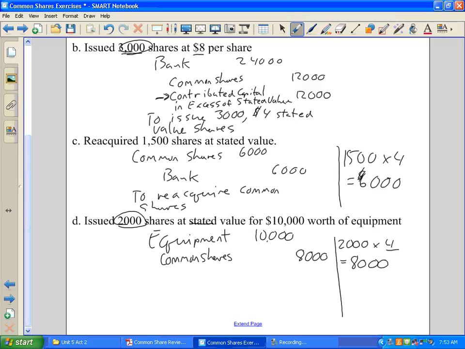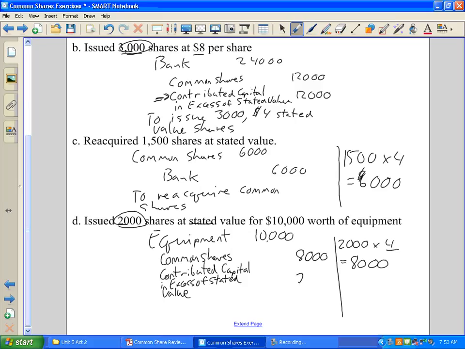Okay, now on top of that, just as we did before, we have contributed capital in excess. So we have to write this great big long account name, contributed capital in excess of stated value.